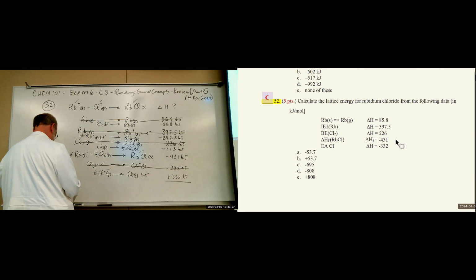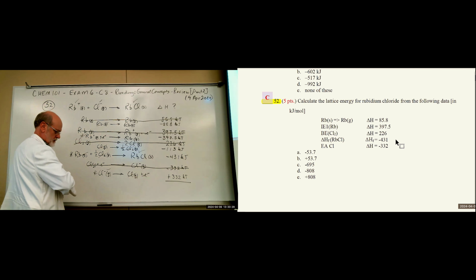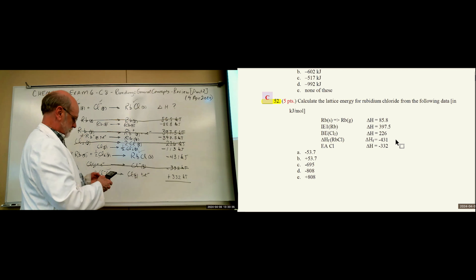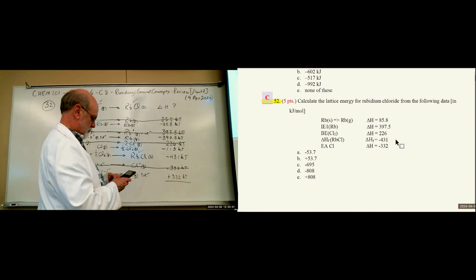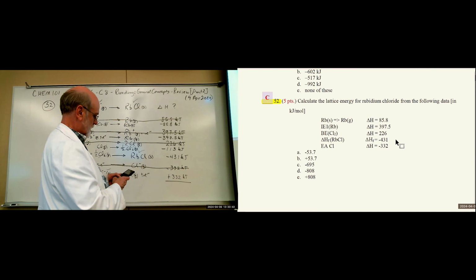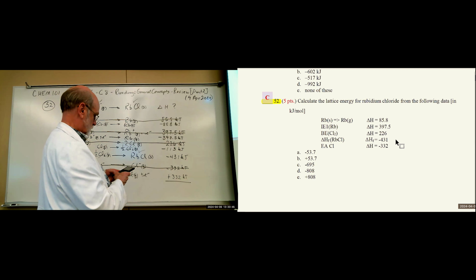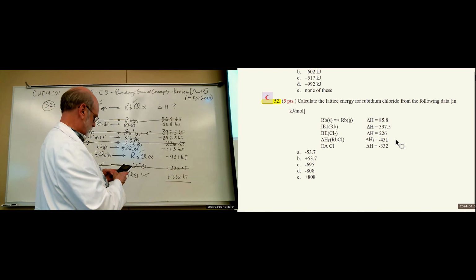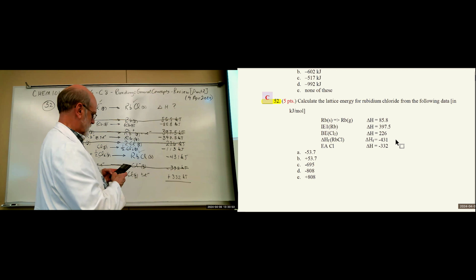Don't see the cat. Still want from this one. Okay. 85.8, change the sign. 397.5, change the sign, add that one in. 13. 131. And then add 332 plus.